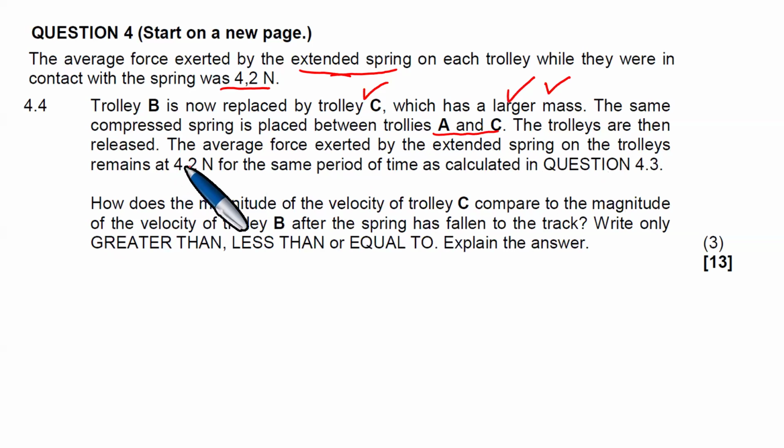The trolleys are then released. The average force exerted by the extended spring on the trolleys remains 4.2 newtons, despite the fact that trolley C is heavier, for the same period of time as calculated in 4.3.